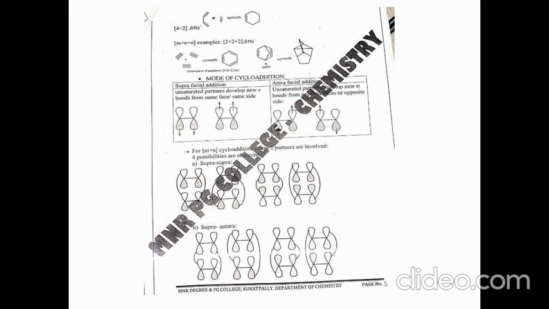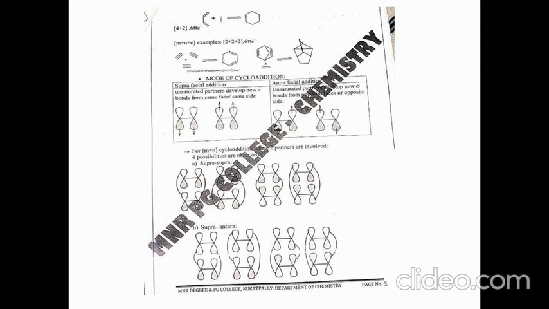Suppose you consider one component, and it participates in the new sigma bond formation, because in cycloaddition new sigma bonds form. When that component utilizes the lobes of the p orbitals from the same side or same phase, that is called suprafacial addition.